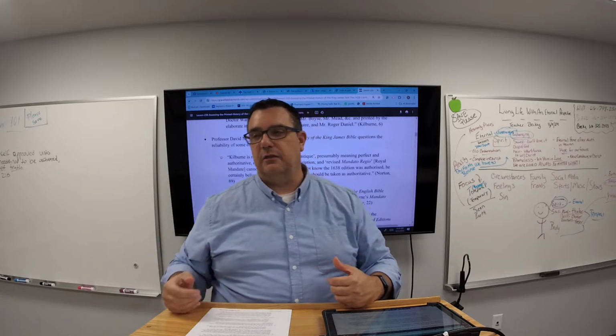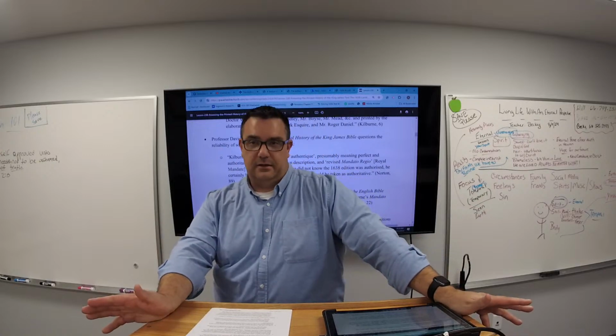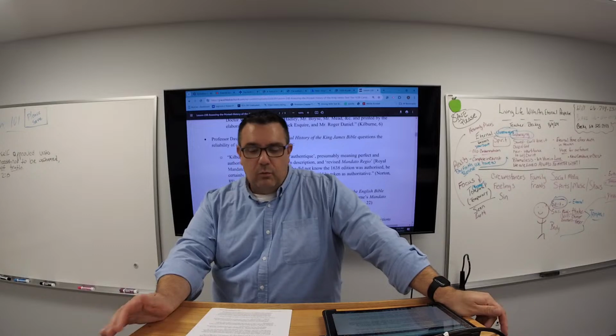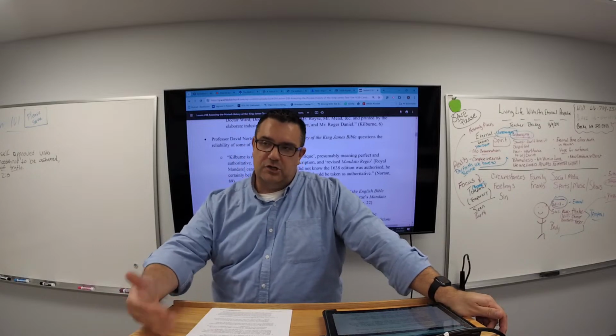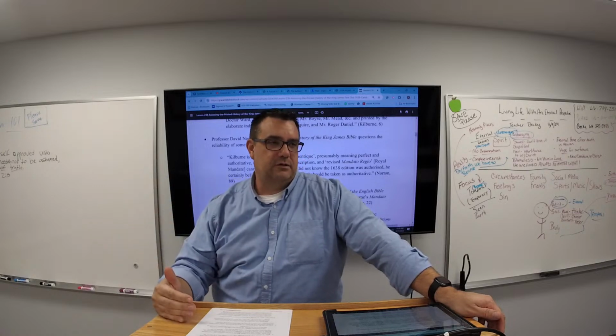Thus, they demarcate those words and are transparent to the reader by putting those words in italics. Does that make sense? So the only way you're going to know what should be italicized and what should not is if you're comparing the English against the original language text.